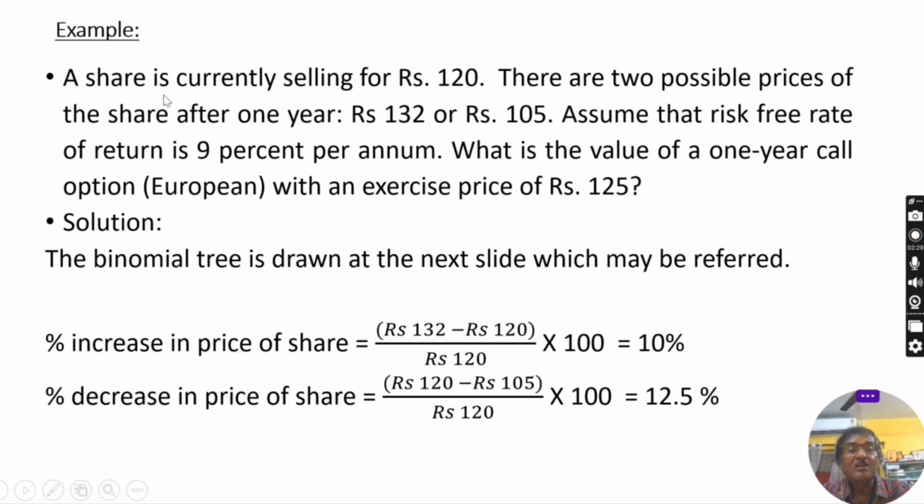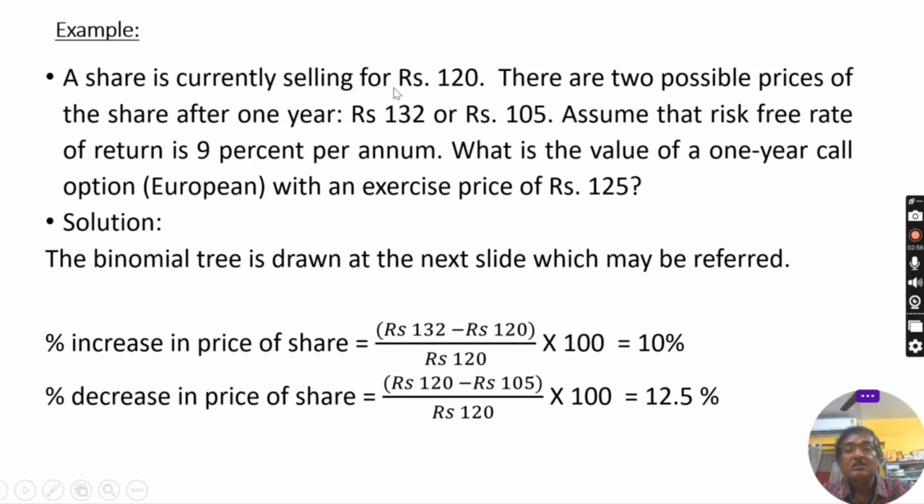Just see the problem. A share is currently selling for rupees 120. That means present value of the share is 120. I have already discussed that this is the binomial case. That's why there are two possible prices of this share after 1 year.